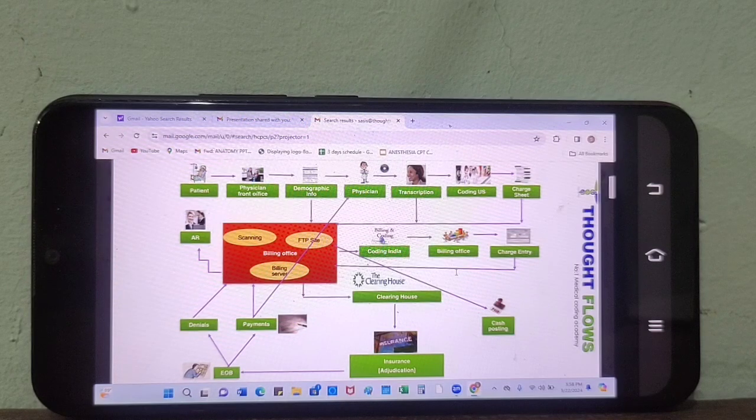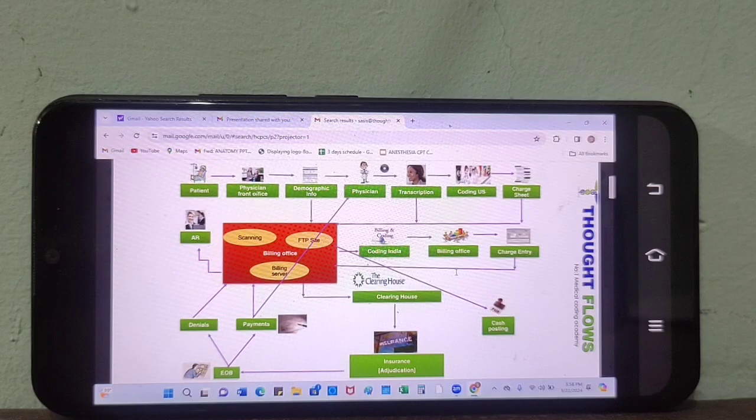For example, if a patient takes a skin surgery, that means cosmetic surgery, cosmetic surgery is most probably not covered by the insurance company. So that is a service not covered under the policy.